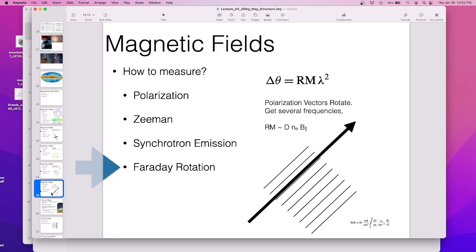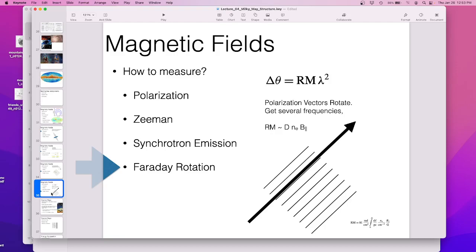And then that angle is this number called the rotation measure times lambda squared. And the rotation measure, that is a lot of crap to go through to get a magnetic field strength, right? The rotation measure is the integral of the parallel magnetic field times the electron density along the line of sight.